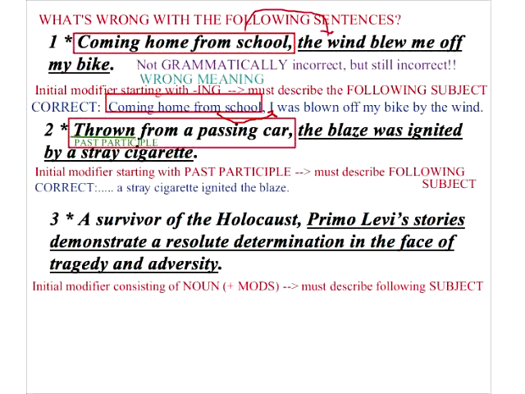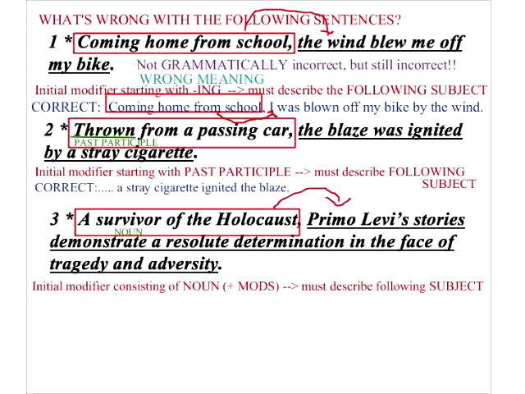So this is just a noun, a survivor, and of the Holocaust is a modifier. So this is basically just a noun. When you have a modifier like this, whether you like it or not, you have to be talking about the subject that's here.